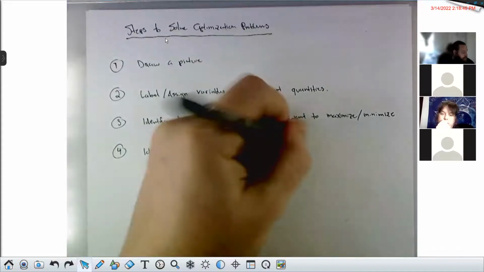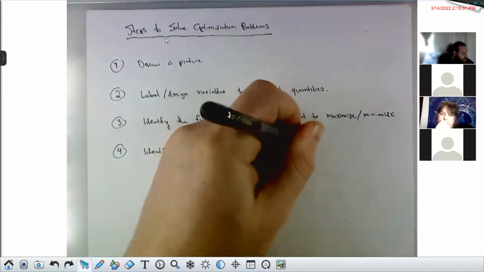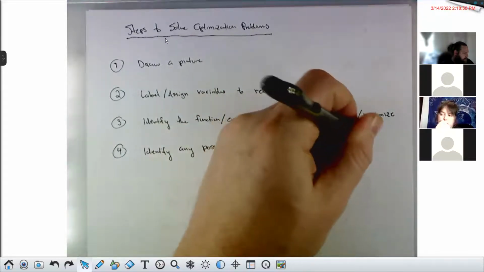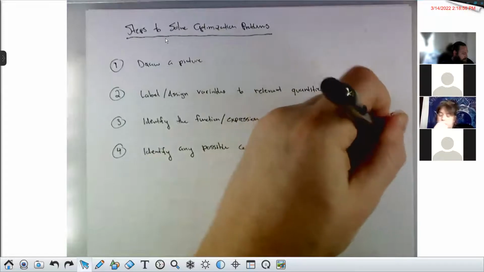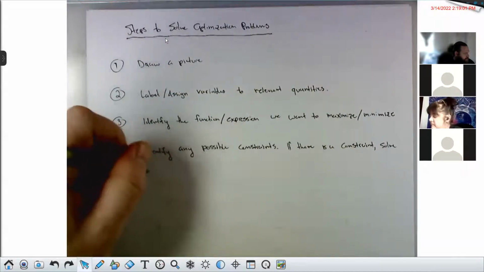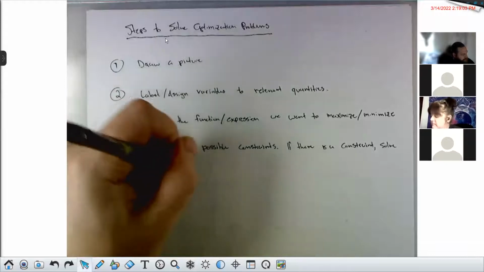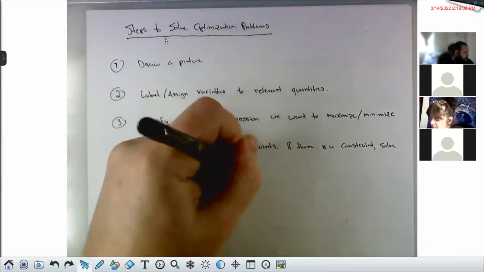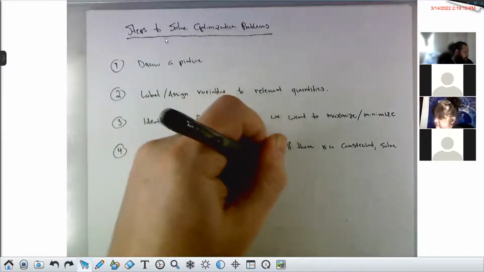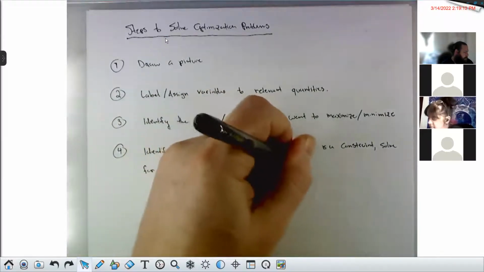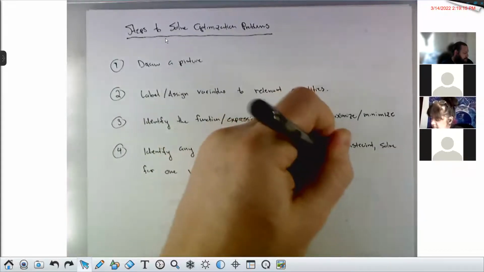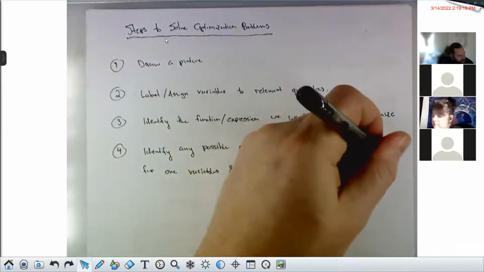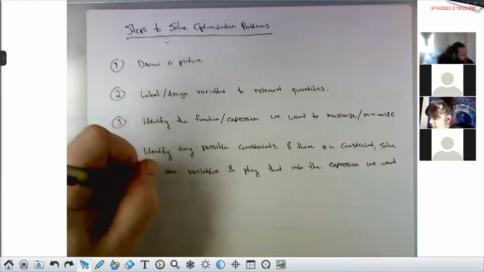If there is a constraint, solve that constraint for one of the variables and plug that into the expression we want to maximize.